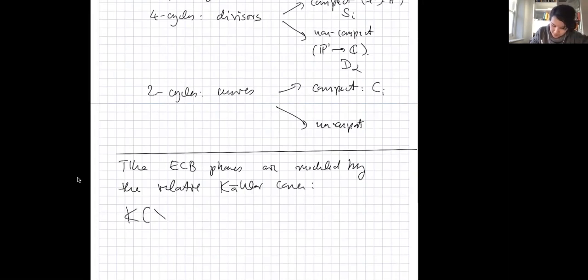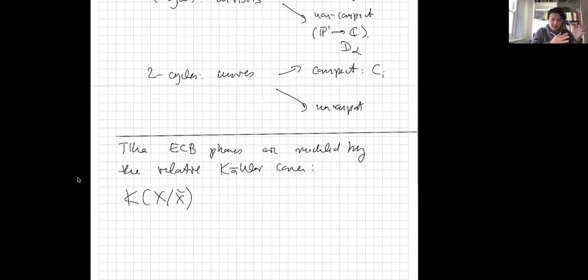So what is the relative Kähler cone? I will first define this and then explain what it really corresponds to. I have X as the singular space, X tilde is a resolution, so this is a Cartan resolution. And these are essentially all the divisors.